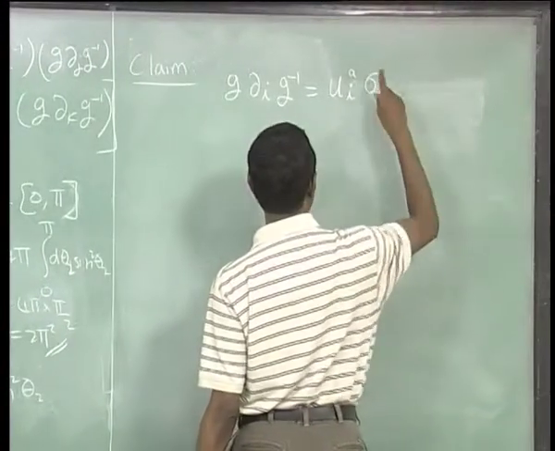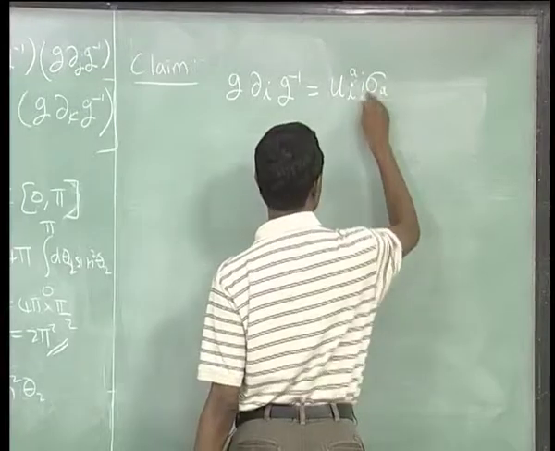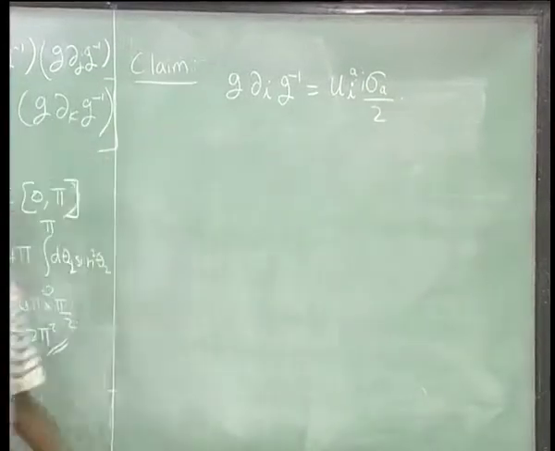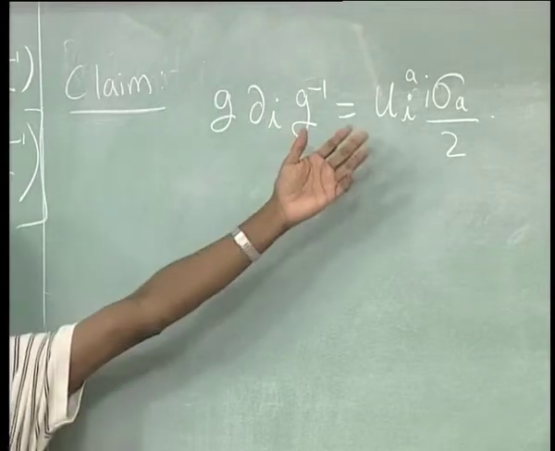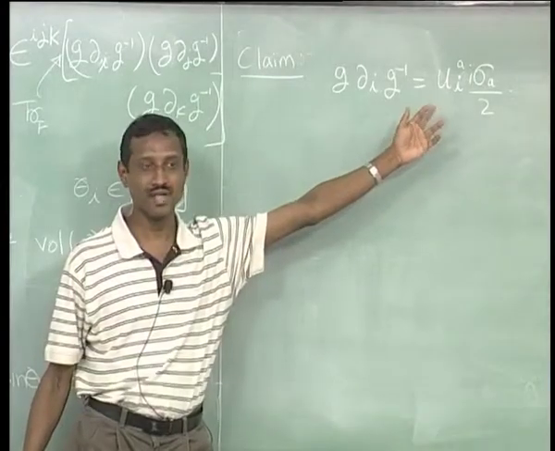So, it is Lie algebra valued. Okay. And now let us plug this. This is not a deep statement, this is just saying that this is some Lie algebra valued element, okay.